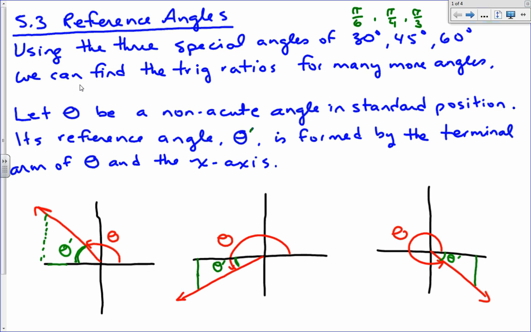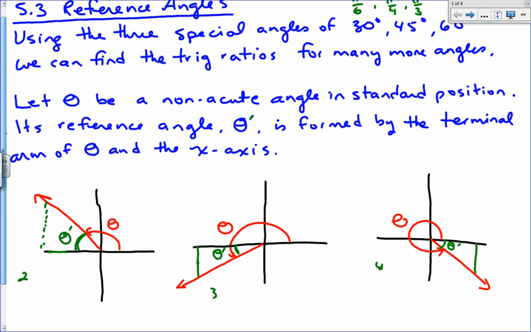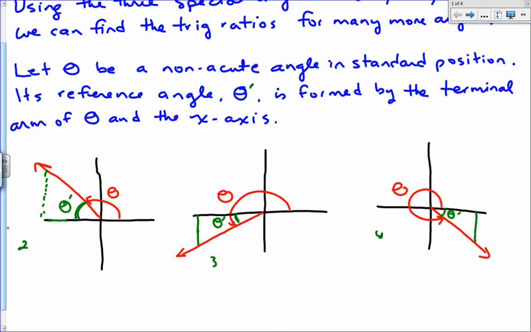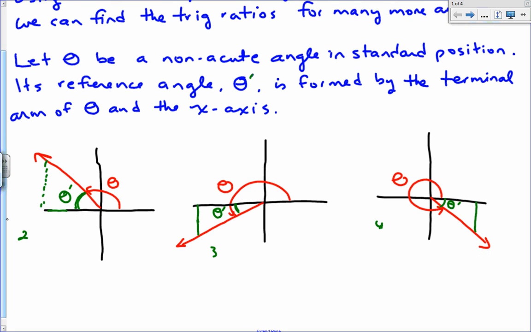So this is in quadrants 2, 3, and 4. Wherever you have a non-acute angle, you can drop a perpendicular to the x-axis and create theta prime, our reference angle. It's important to note that the reference angle is always acute, and it's always considered positive no matter where it is. We're just measuring its size.